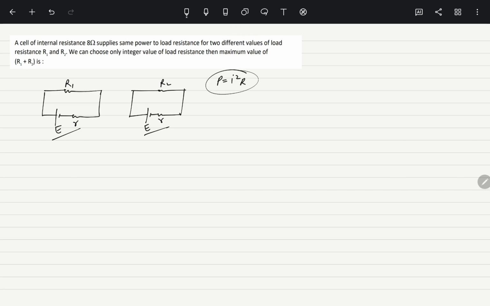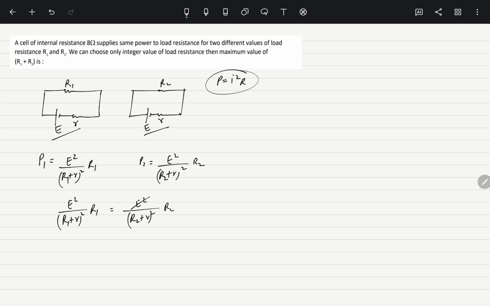So power P1 is equal to I square R1. What is I here? So E square upon (R plus R1) whole square into R1. And what is P2 here? E square upon R plus R, sorry, it is R plus R2, into R2. And they are equal. So we'll equate them, and from here we'll start our calculation part. So E square upon (R1 plus R) whole square, R1, equal to E square upon (R2 plus R) whole square, R2. So this E square cancels here.